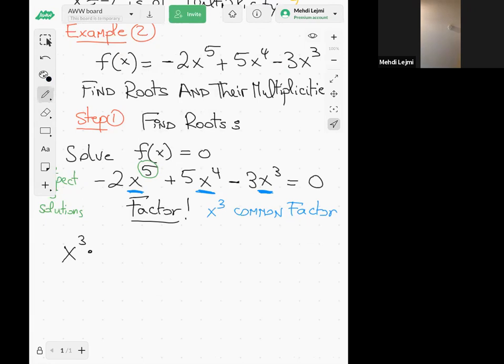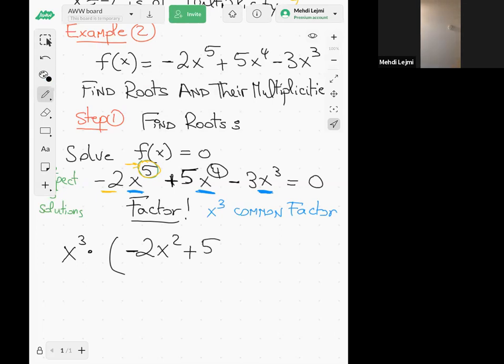X cubed times, and then if you pull out x cubed, you are left with x squared, right? You subtract 3 from 5, you are left with square. So you are left with negative 2 times x squared plus, there's a 5 here.